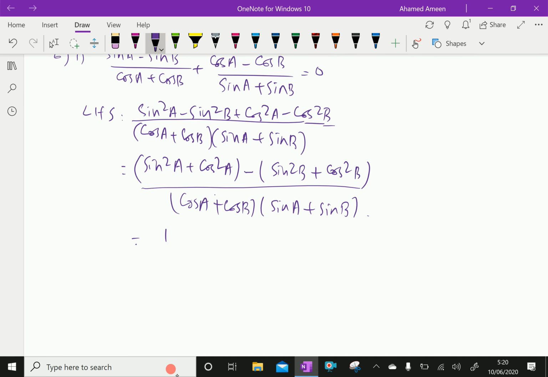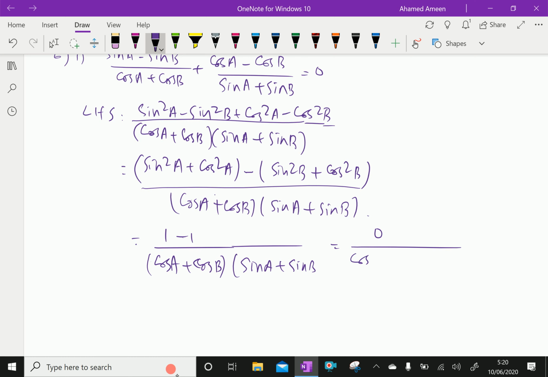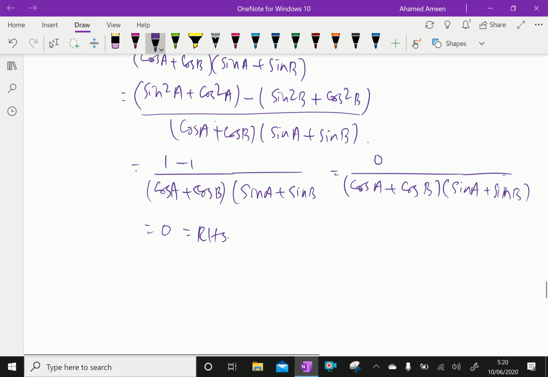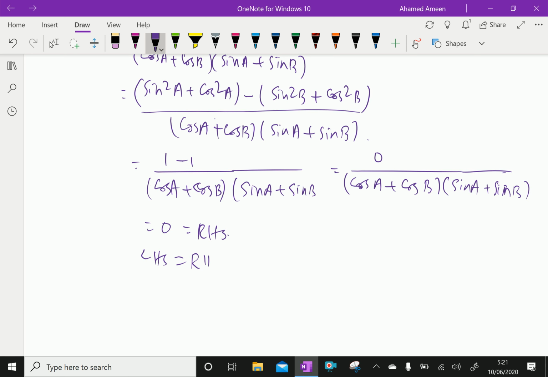Here sin squared B plus cos squared B is 1, minus 1 over cos A plus cos B into sin A plus sin B, which is equal to 0, 1 minus 1 is 0 over cos A plus cos B into sin A plus sin B. Now 0 by anything is 0, which is equal to RHS. So we proved LHS equal RHS.